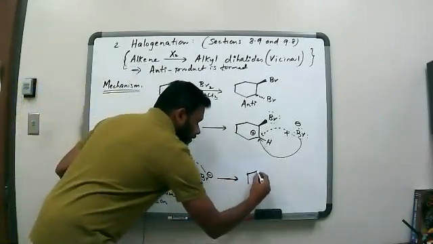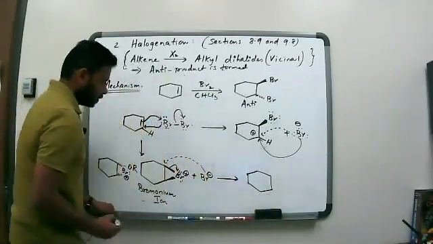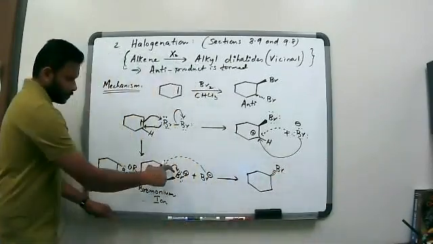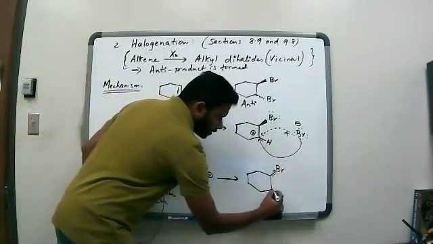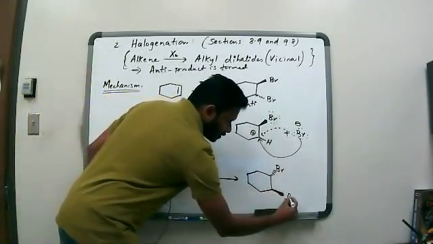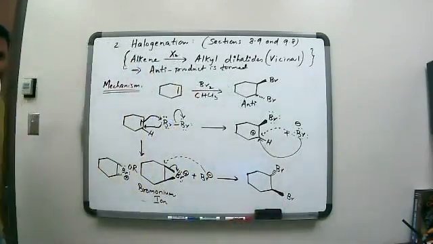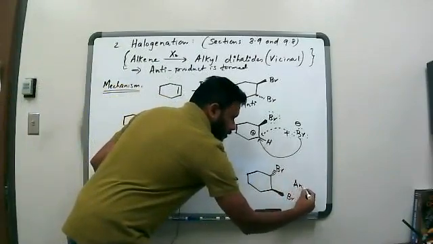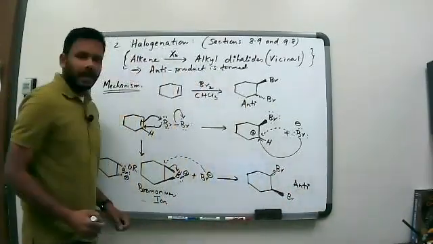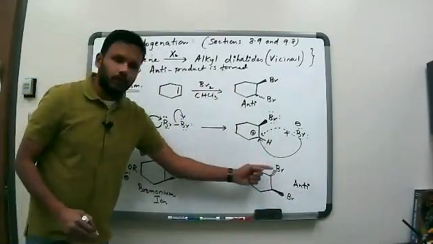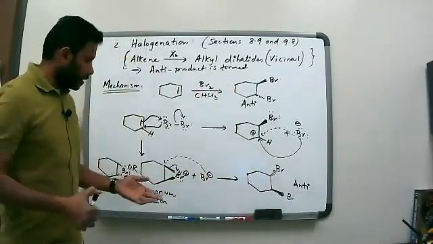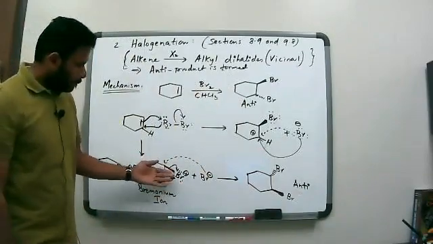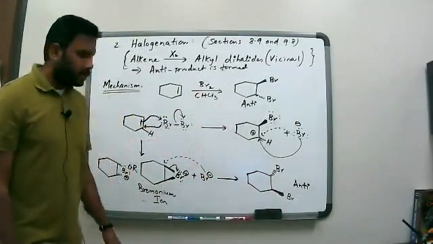And so what we would get is bromine on the dash here. The bromonium ion opens up, and that gives us a bromine on the wedge at the bottom. So we get a dibromo compound which is anti, because they are both anti or trans to each other. So the bromonium ion therefore explains the formation of this anti product.